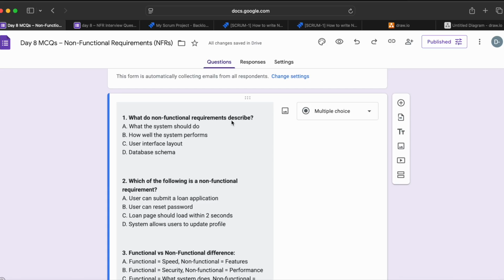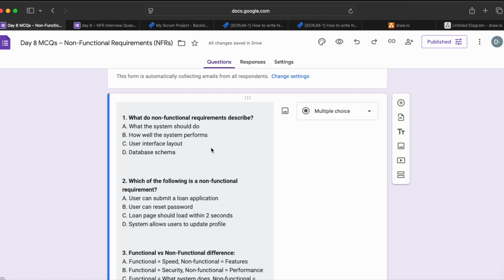B, how well the system performs. Remember, that's a quality, right? So a non-functional requirement defines how well a system performs, its quality attributes, not the functionality itself. So always remember non-functional requirement, quality attributes.